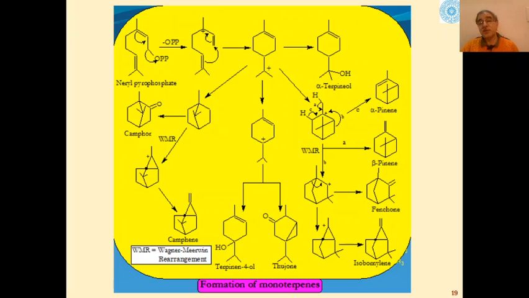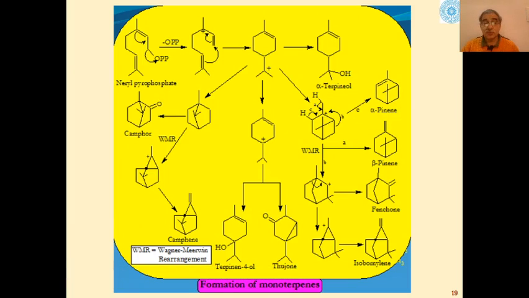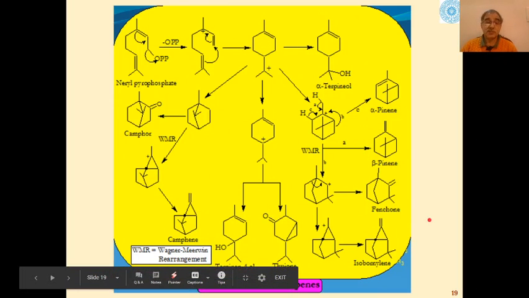So through Wagner-Meerwein rearrangement, these carbocations can be converted into different types of natural products, like we have shown over here: thujane, terpineol, borneol, camphene, camphor, pinene, terpineol, beta pinene, fenchone. So all these types of natural products can be formed through Wagner-Meerwein rearrangement.